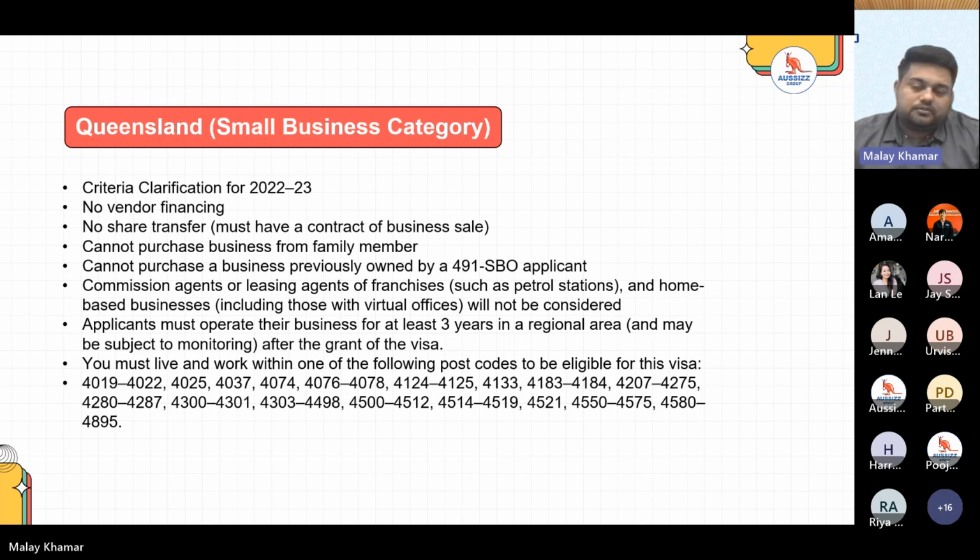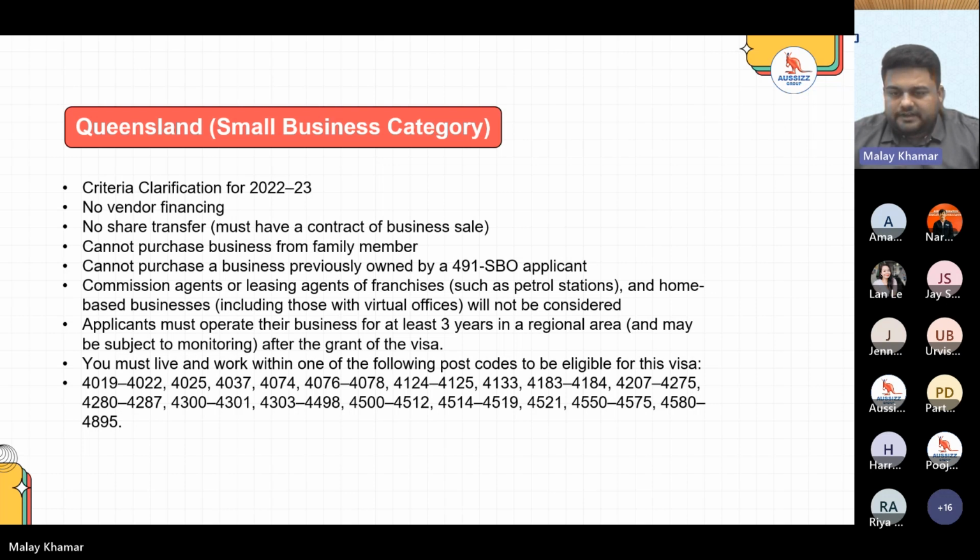You must have a contract of sale which needs to be signed by a solicitor, and which must be from the REIQ. REIQ is the Queensland authority which provides the contract of sale for the business. You cannot purchase the business from a family member as well. You also cannot use the same business which was used for a previous 491 SBO category.